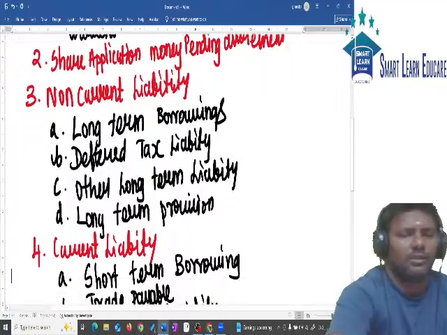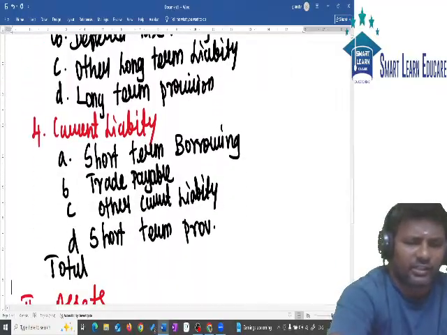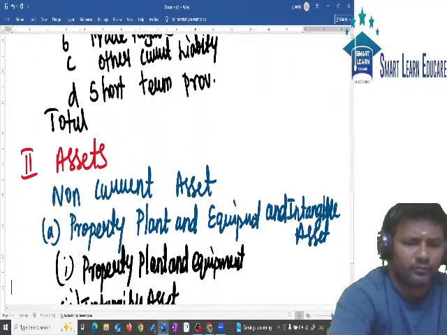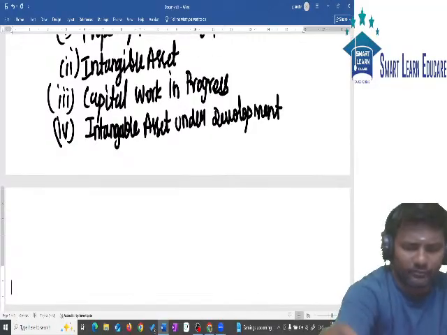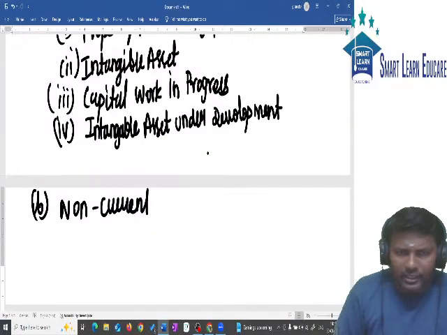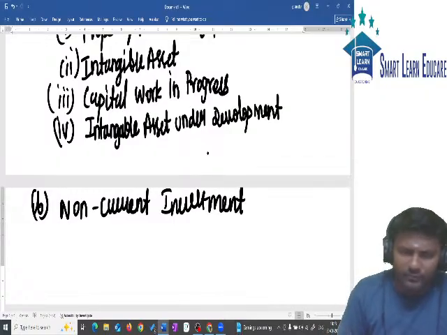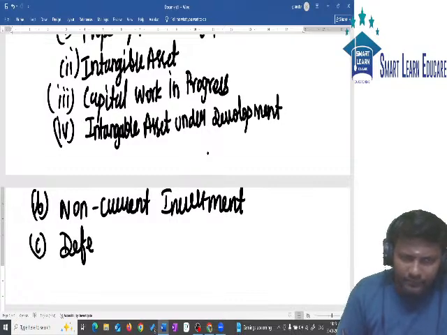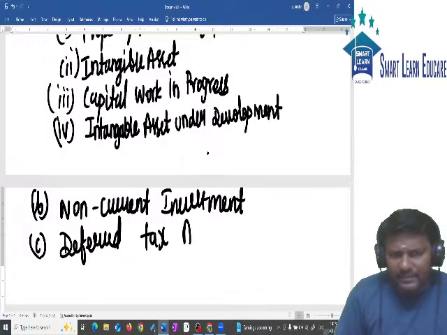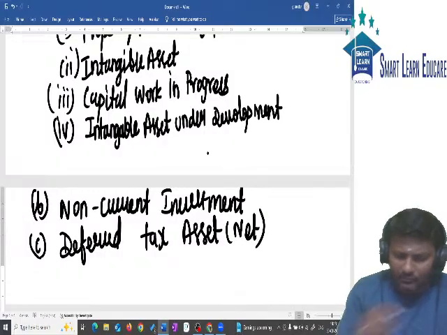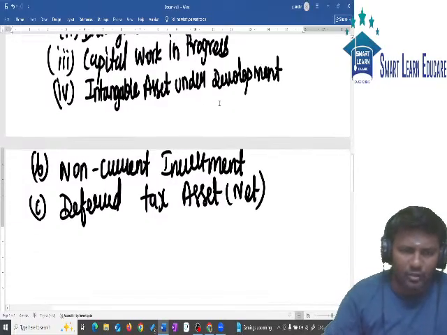Okay? So in that, next one, non-current investment. Then deferred tax asset, deferred tax asset net. In case deferred tax asset is more, you should write this.